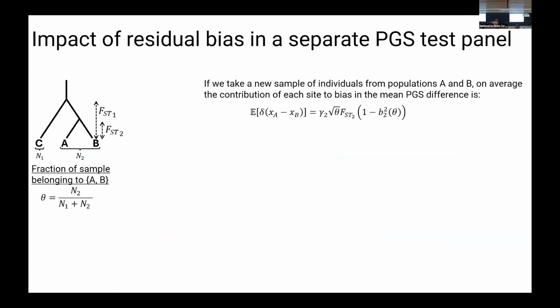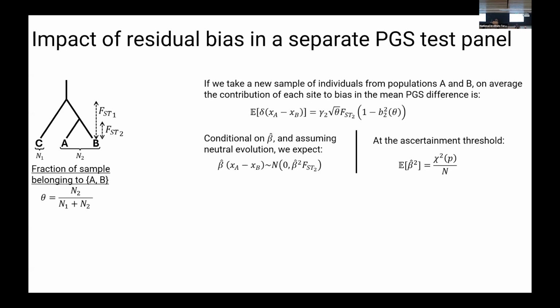Then we know that the contribution of each site to the bias in the mean polygenic score difference between individuals A and B is a function of the magnitude, the square root of theta FST2, times the stratification control. So you can see that the stratification control by PCA shows up here also in the bias in the polygenic score.